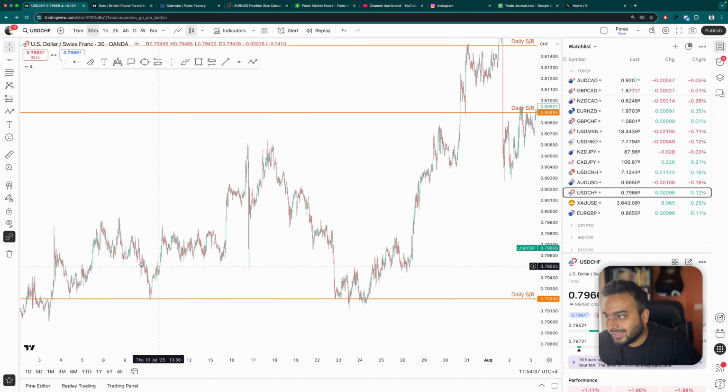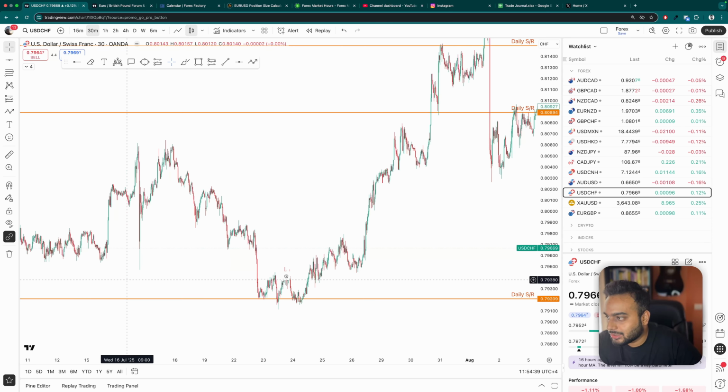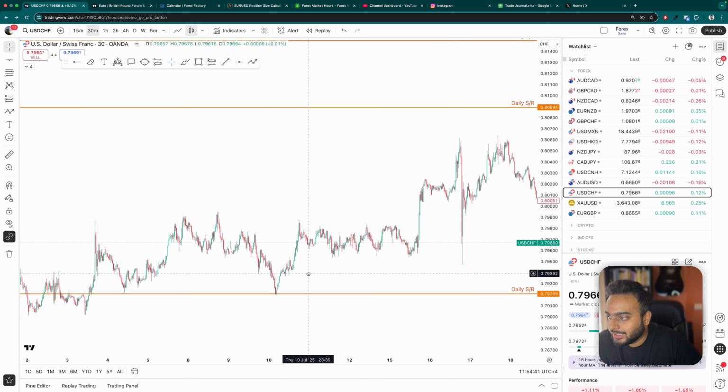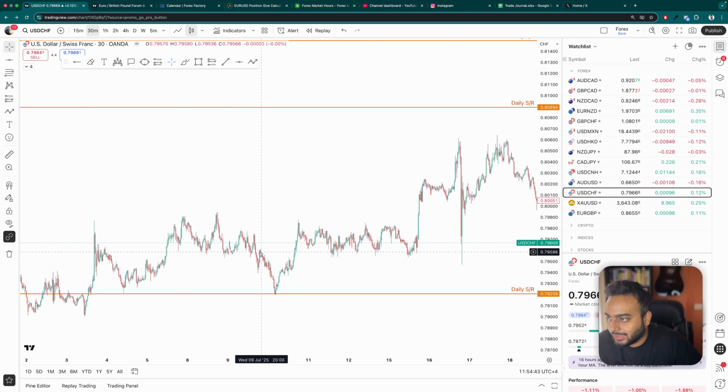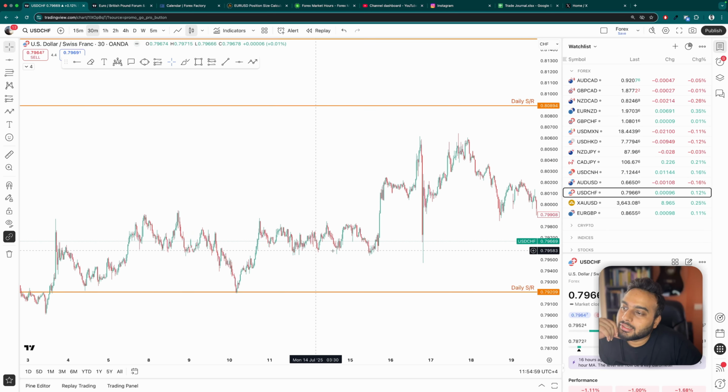Okay. But we need a structure where price has created a lower high, went down to create a lower low, and then breaks that lower high. Okay. Once that has happened, don't think about it. Just put a buy limit, and your stop loss would be around here, and just wait for it.